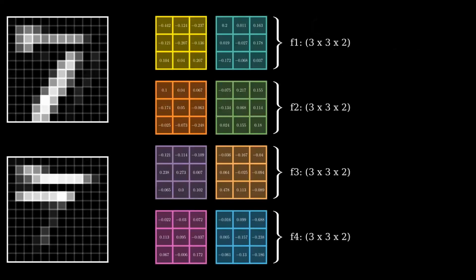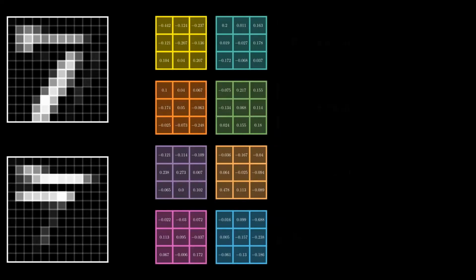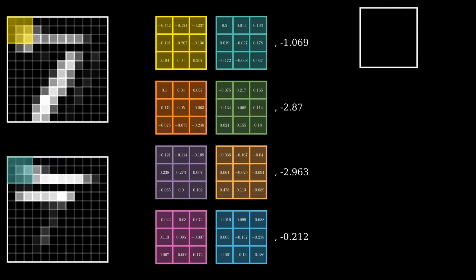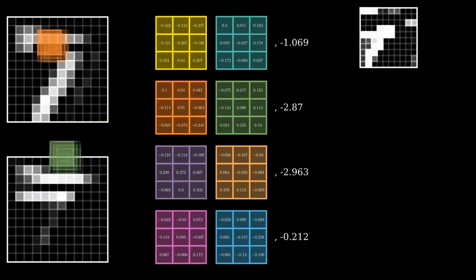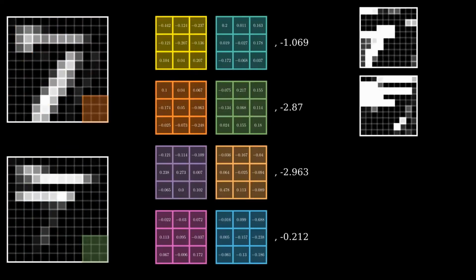Well, there are 4 filters with the dimensions 3 by 3 by 2. Since we have 2 channels from the previous activations, we'll have 2 channels in each filter. In addition, we also have 1 bias for each filter. Running the convolution will return 4 outputs, 1 for each filter.